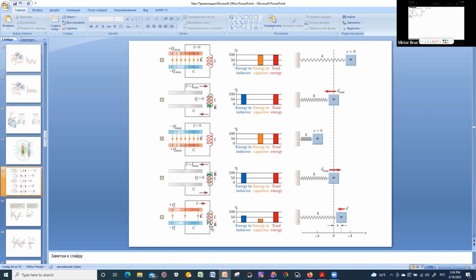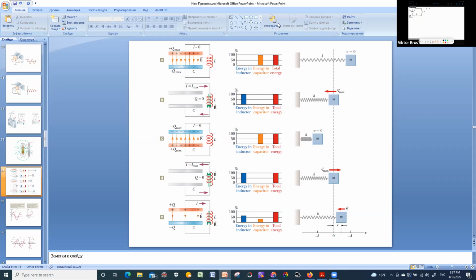But if you look here, when the capacitor is not fully discharged and current hasn't yet reached its maximum value, we have both contributions to total energy from electric field and magnetic field. However, this total energy always remains constant.